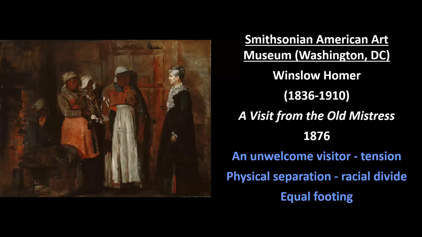If you think about it, at least for myself, when I consider artists, I wonder: did they capture the way this person looks realistically, or did they capture the landscape nicely? You don't oftentimes as readily think about showing emotions or feelings or tension in paintings, but he's done that here very effectively. And then the physical separation, perhaps representing the racial divide, still taking place.